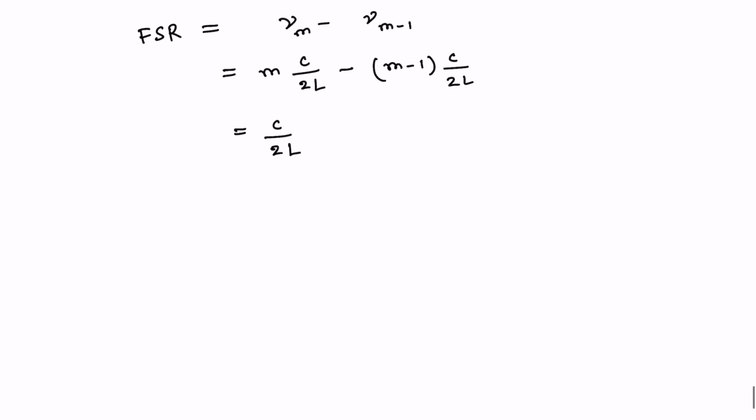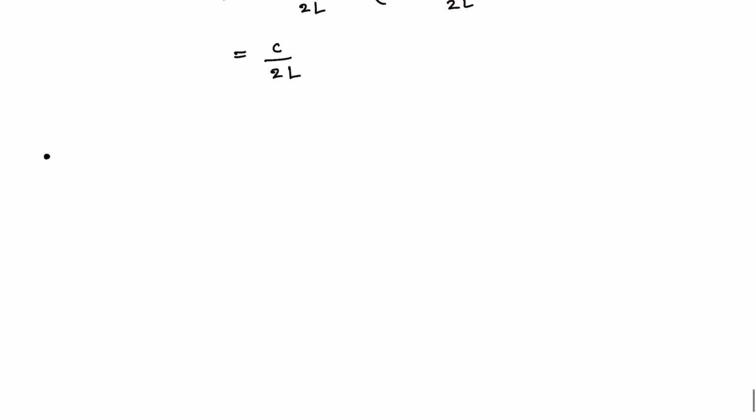Now, another important fact is that the photon lifetime, or the cavity lifetime, and the full width at half maximum are related to each other for a good Fabry-Pérot resonator.